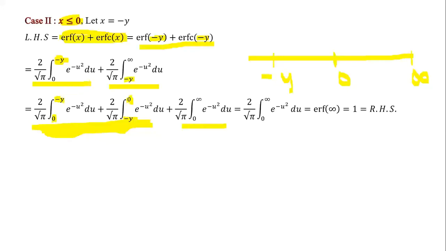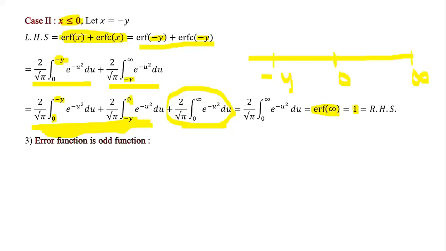Therefore, these two integrals get cancelled with each other, and then you will get only this value, that is 2 by root pi, integration from 0 to infinity, e raised to minus u square, and this value is error function of infinity, that is equal to 1. That gives you the RHS. So this is all about our second result, that is error function of x plus complement error function of x is equal to 1.